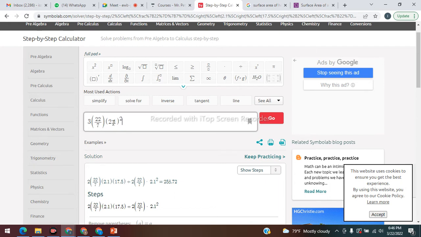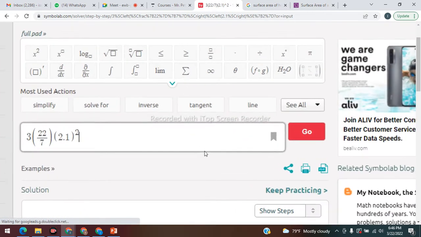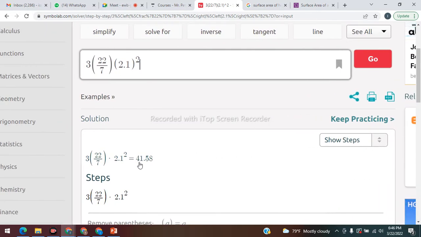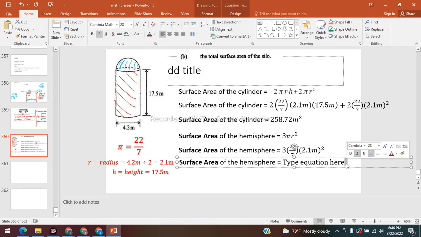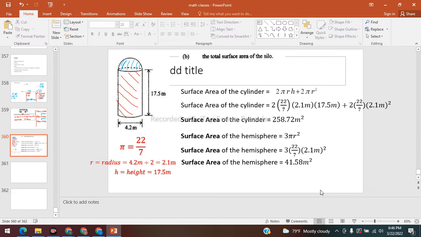So 3 times 22/7 times 2.1 squared is 41.58 meters squared. Good. So that is the surface area of the hemisphere.